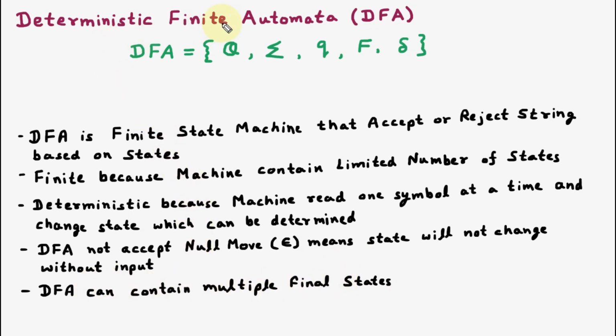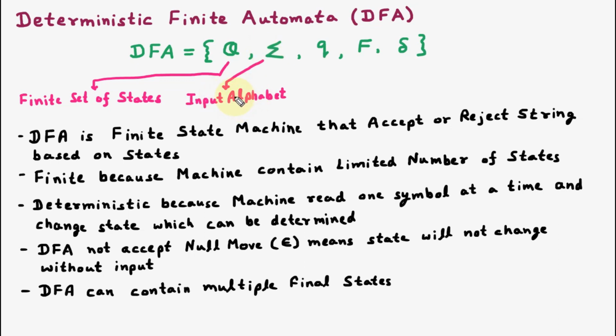The deterministic finite automata or DFA contains 5 elements. The first element is Q, which signifies the finite set of states. All the states of the DFA are represented as a finite set of states, which is represented by Q. Second element is sigma, which is the input alphabet.